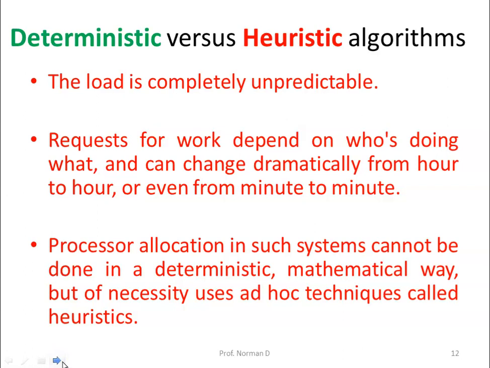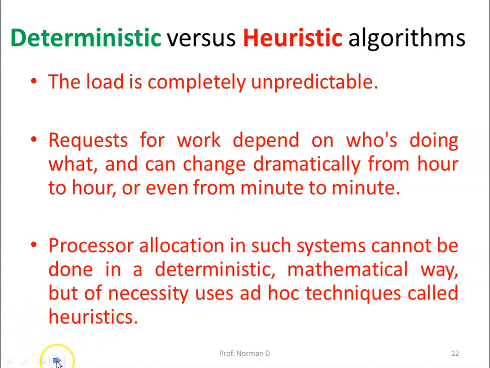The request for work depends on who's doing what and can change dramatically from hour to hour or even from minute to minute. The processor allocation in such systems cannot be done in a deterministic or a mathematical way, but of necessity uses ad hoc techniques which is called as heuristics. So this is about a heuristic algorithm.